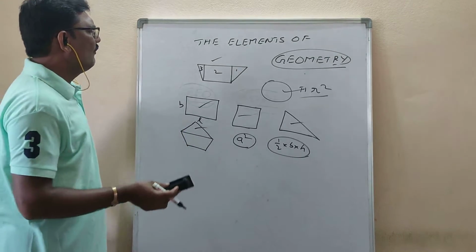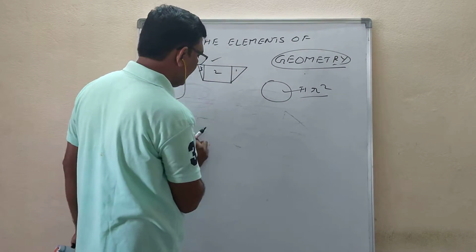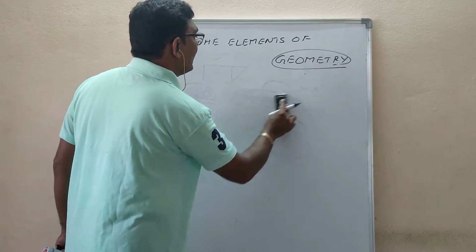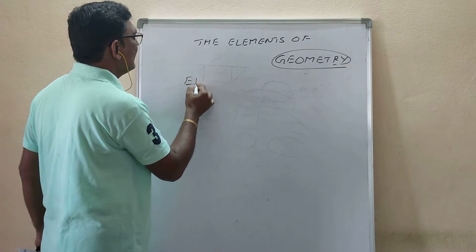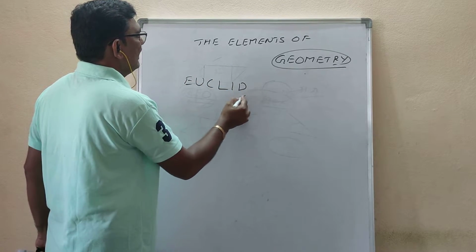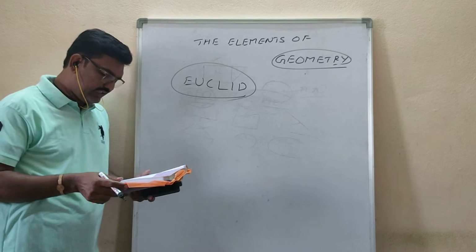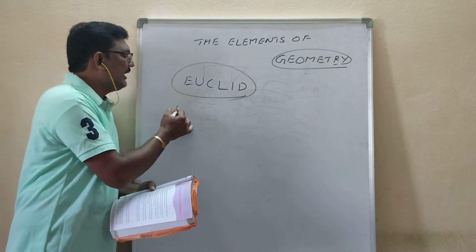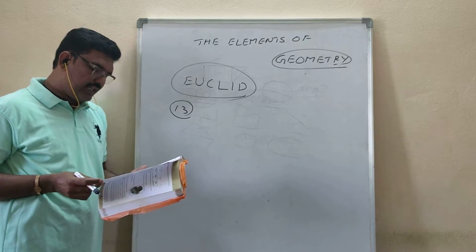Here, the father of geometry, the credit goes to Euclid. The mathematician is called Euclid. He did maximum research on mathematics and he wrote 13 books which are called Elements of Mathematics.